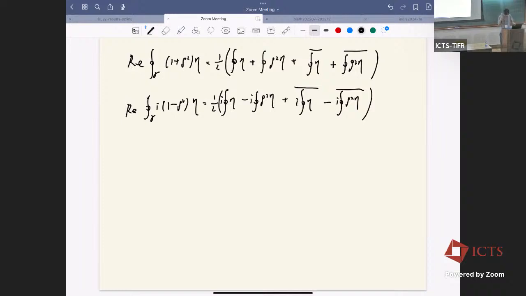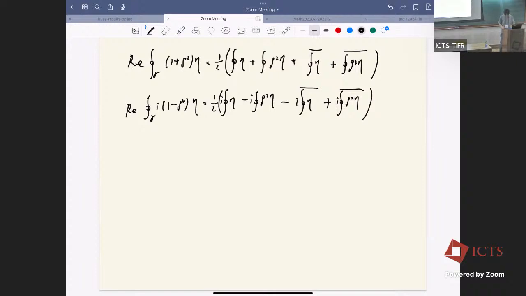So we have minus i here, we have plus i here, and we want both to be 0.